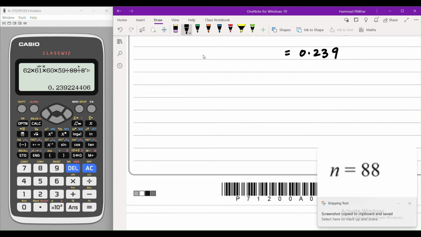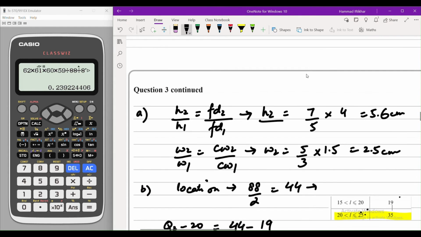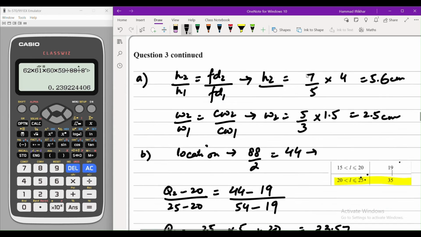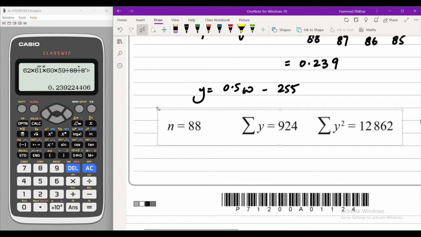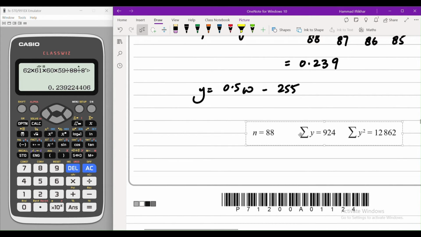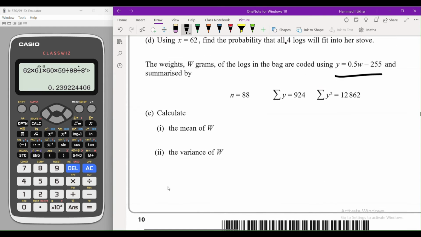First off, we have the equation y is equal to 0.5 W minus 255, just to make sure that was the case. Then we have the data. Which part was it? E part 1.